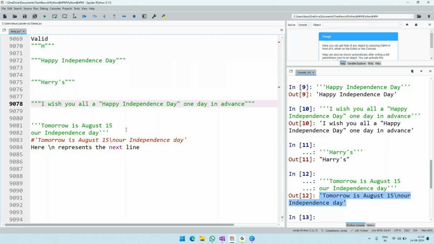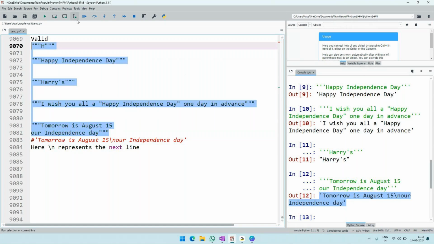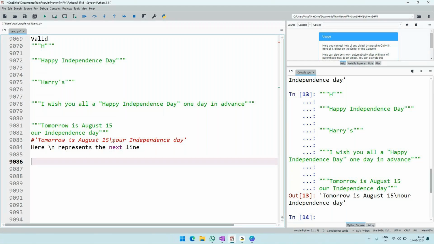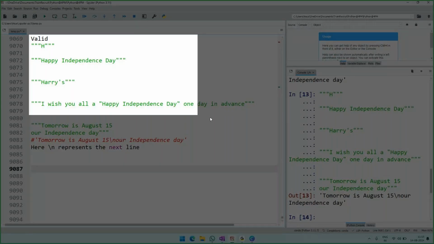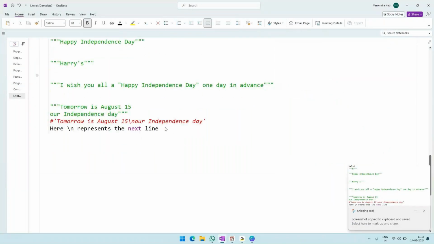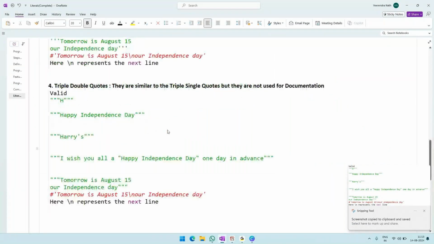There is no difference between that and this, right? All of them will get executed, and the final one, same thing. It will be the next line. The only difference is they are not used in the documentation. So these are triple double quotes.